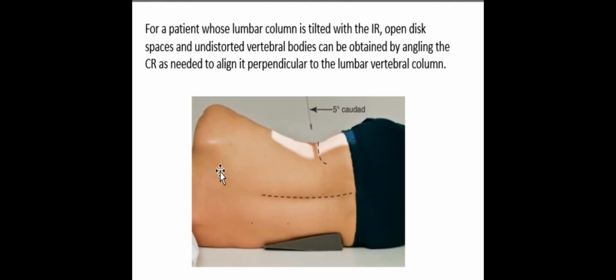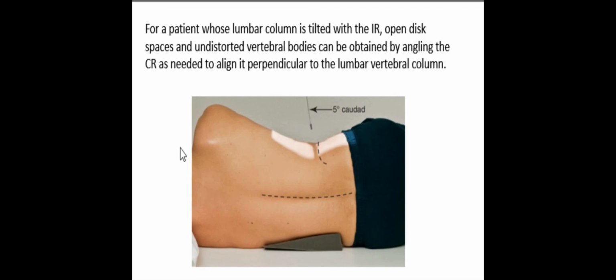For a patient whose lumbar column is tilted, with closed joint spaces or distorted vertebrae, a good image can also be obtained by angulating the IR perpendicular to the lumbar vertebral column. So if the radiolucent sponge is not thick enough, you have to adapt this process, and it will help you open the joint space.